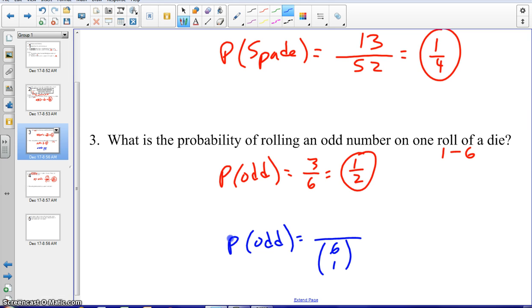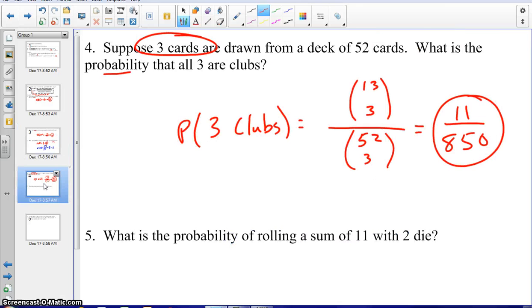And then in the numerator, we have 3 odd numbers, and we want 1 odd number to come up, which would give us the 3 over 6, which is a half. So it's the same idea, but because we're only wanting 1 number on our die, we do not have to actually do the combinations like we are forced to do in problem number 4 when we have a multi-draw type scenario.